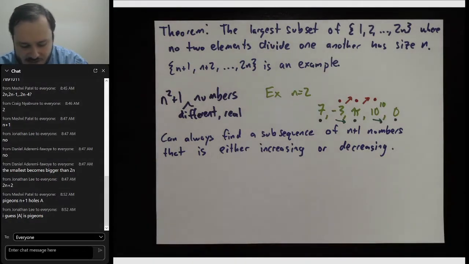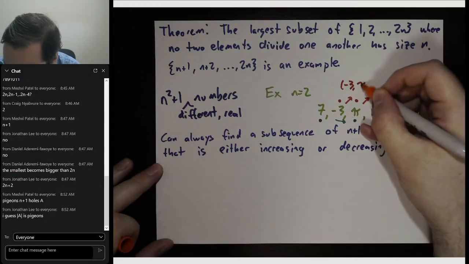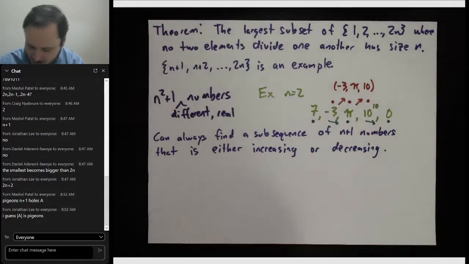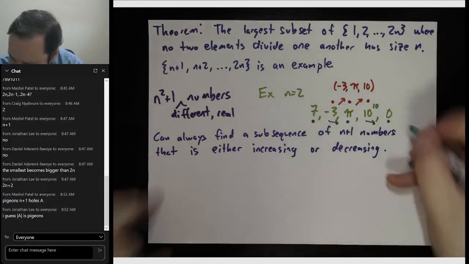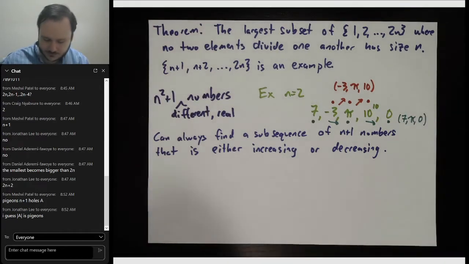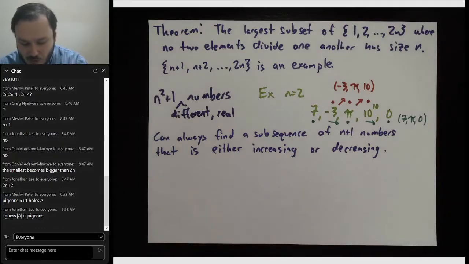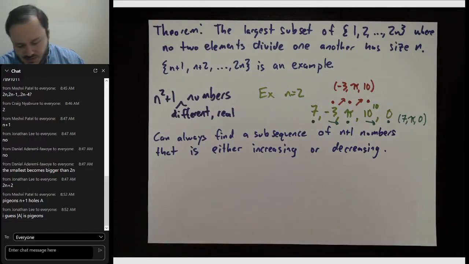So I have an increasing subsequence, -3, pi, 10 to the 10. And I have a decreasing subsequence, 7, pi, 0. I'm not claiming you always get both. I'm just always claiming you get one or the other. And I can prove this using the pigeonhole principle. And it's a really nice proof.